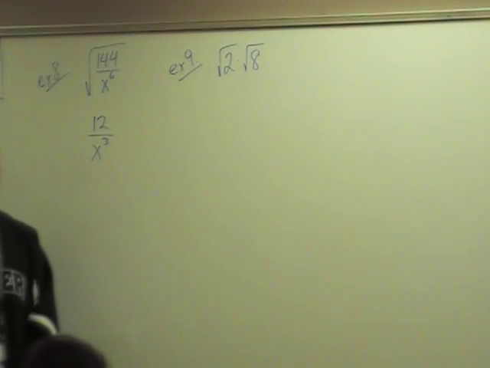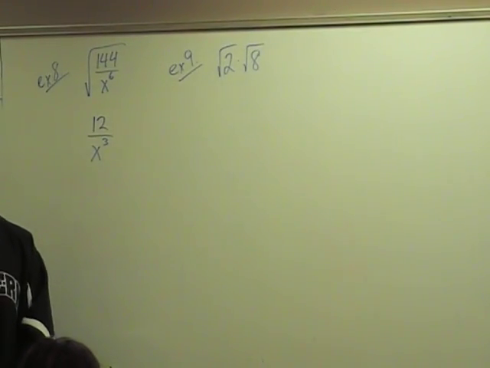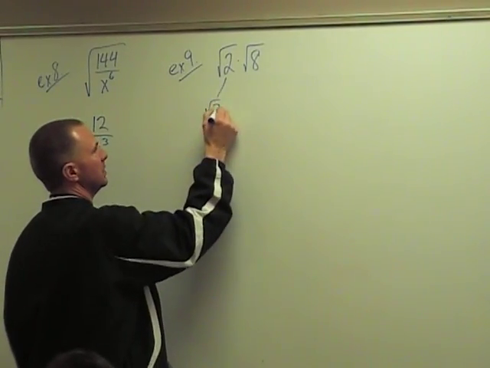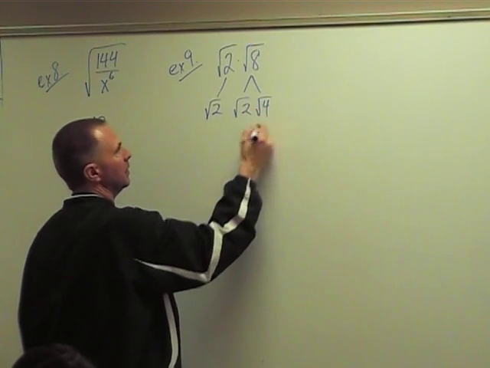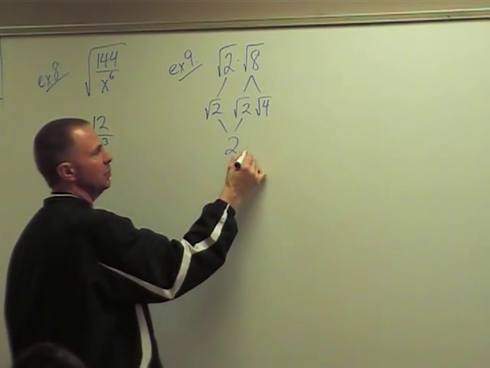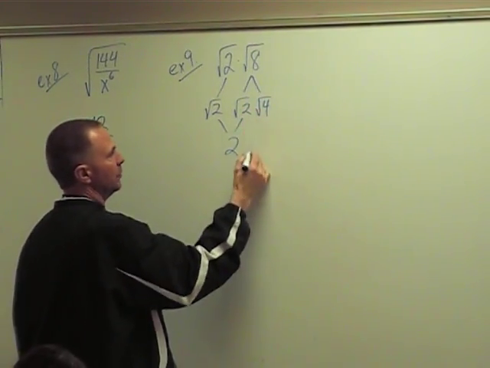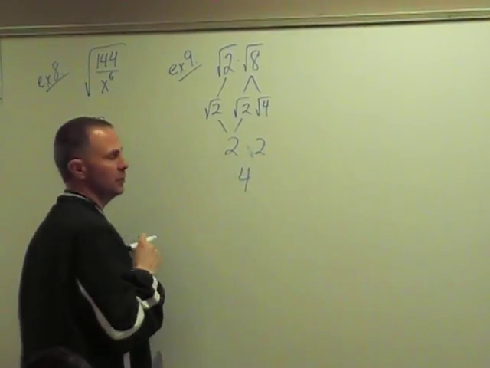If you look at it and you say, okay, they're breaking it down, let's break it down further, and you'll say, okay, the square root of 2 stays there, this becomes the square root of 2 times the square root of 4. Those two together just make 2, and the square root of 4 is 2, so the answer is 4.